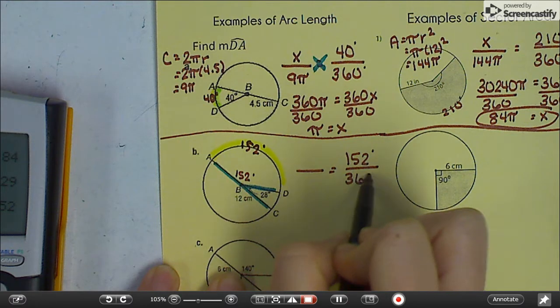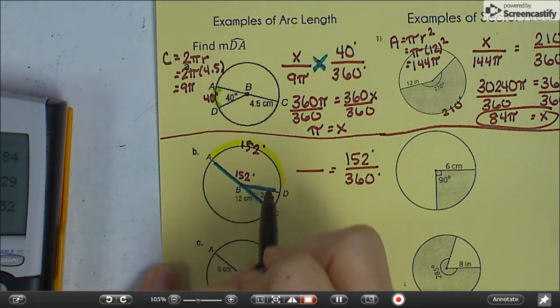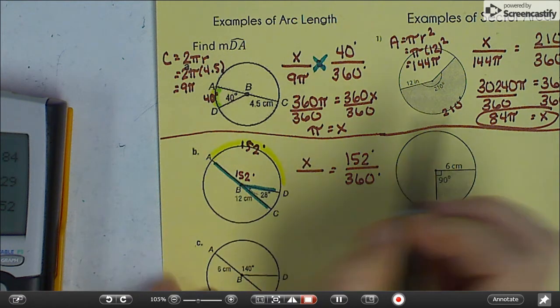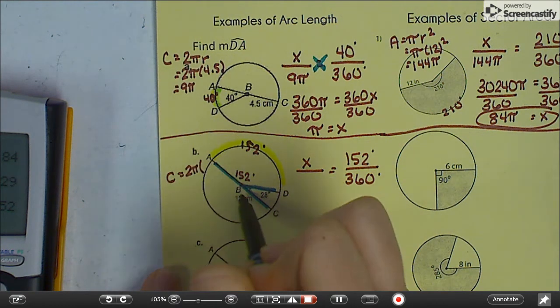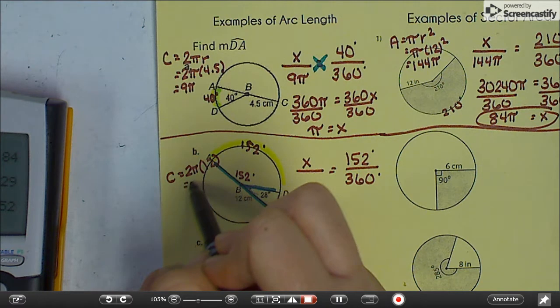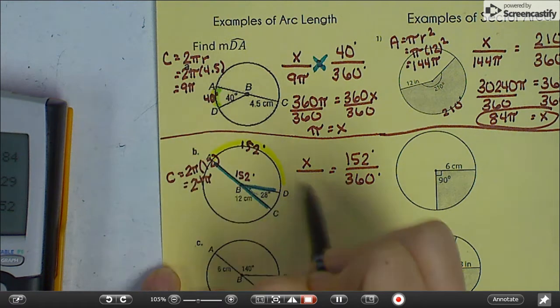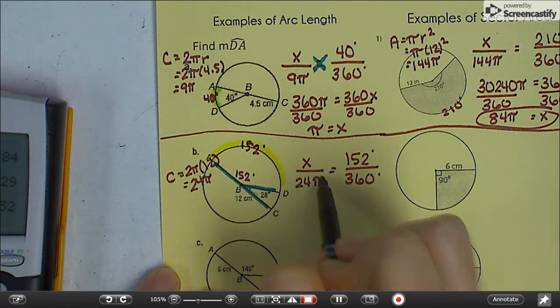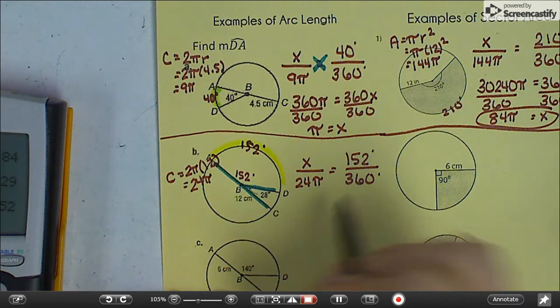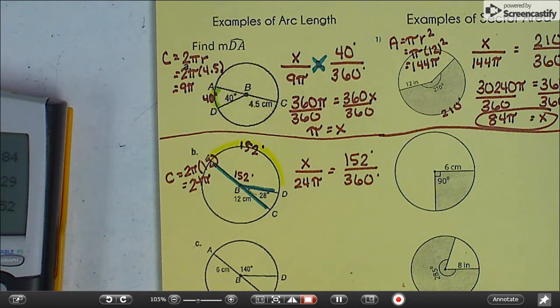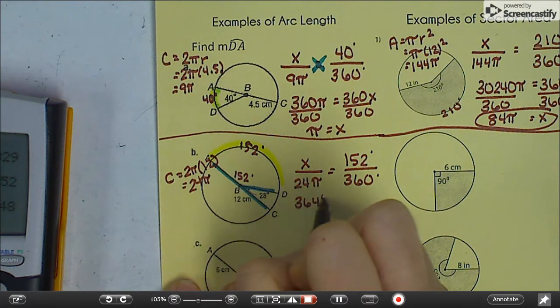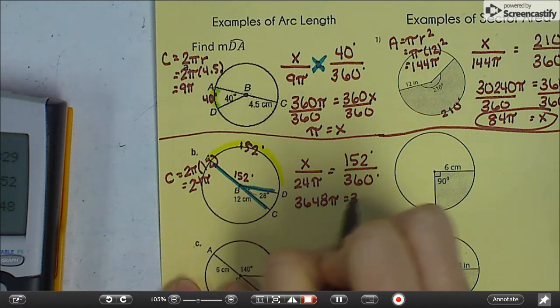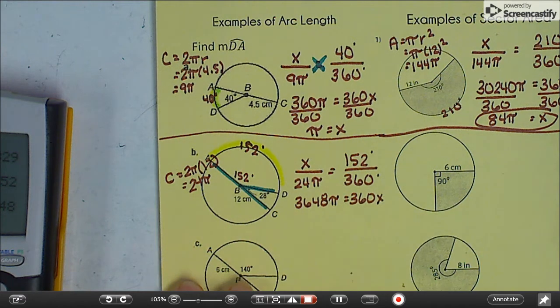Over 360 for the whole circle. We don't know the arc length, but we can figure out the circumference of the whole circle. The radius is 12. Okay. Cross multiply, so 152 times 24, 3648 pi equals 360x.